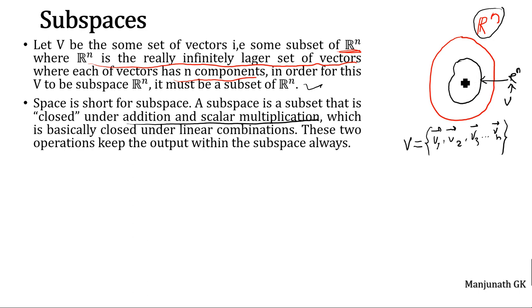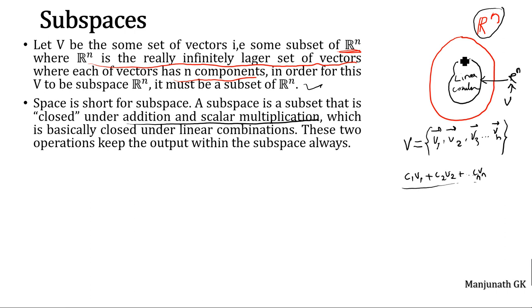In this space, only linear combinations of vectors should be there. What are linear combinations? Linear combinations can be c1 into v1 plus c2 into v2 plus and so on, cn into vn. Only these linear combinations should be there in this space.